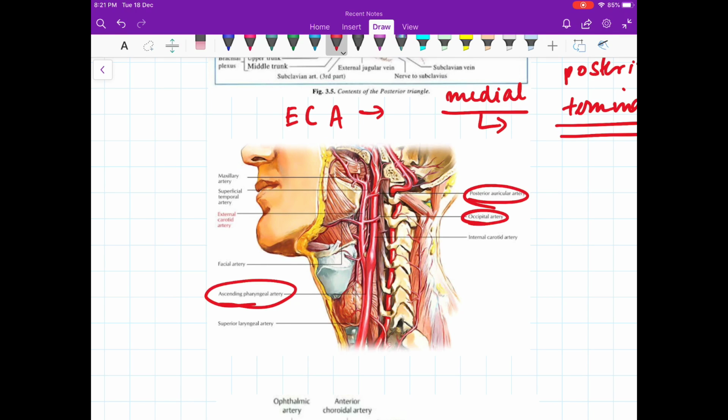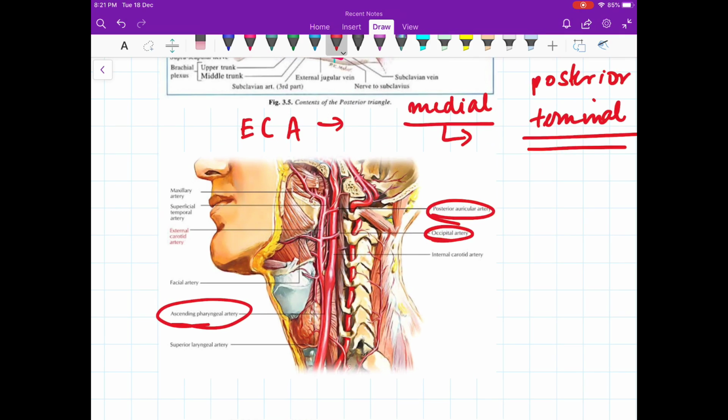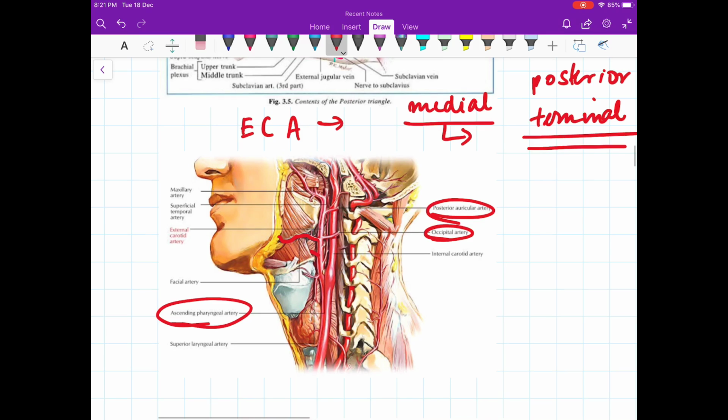The anterior branches are facial artery, lingual artery, that is going deep to the mylohyoid muscle, and the terminal branches are maxillary artery and superficial temporal artery. So I will again tell you the branches. The terminal branches are maxillary artery and superficial temporal artery.